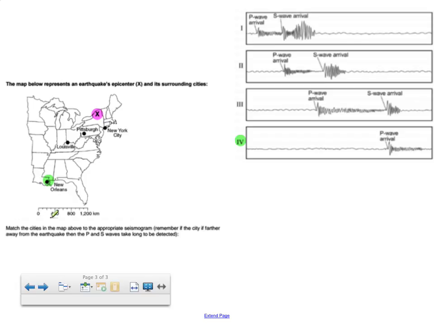Why? What is that one? It doesn't have what? There's a little bit more of a simple answer. What's not pictured here? There's no what? There's no S wave. From your notes, you know the S waves are the ones that cause damage to the buildings.